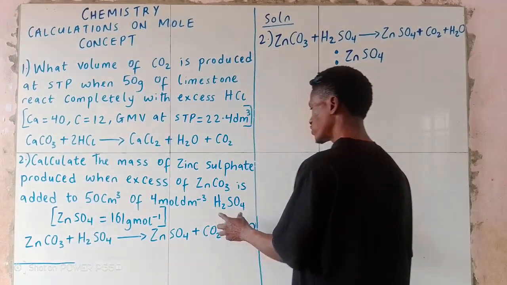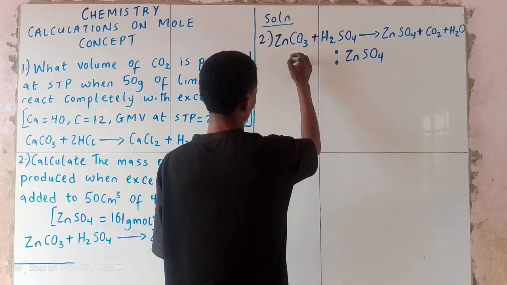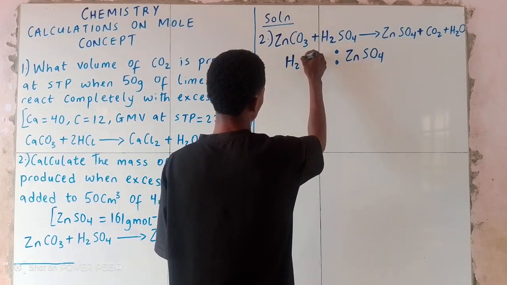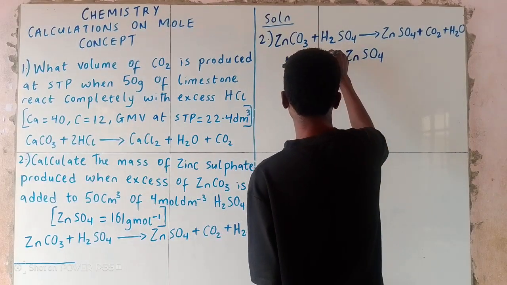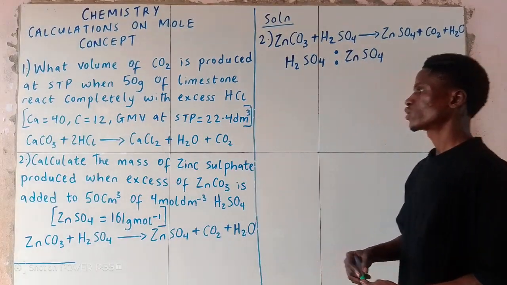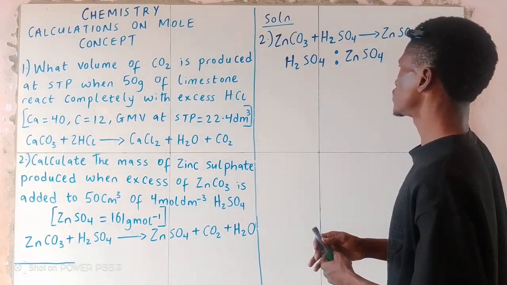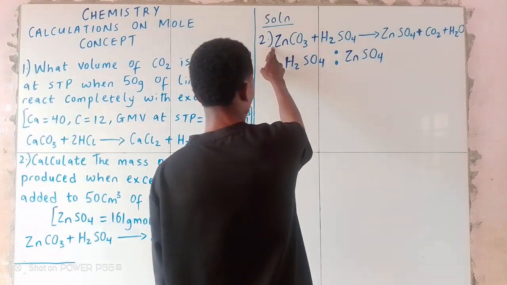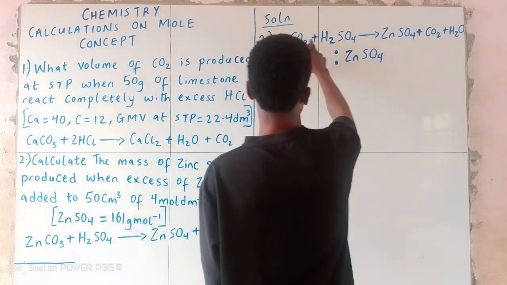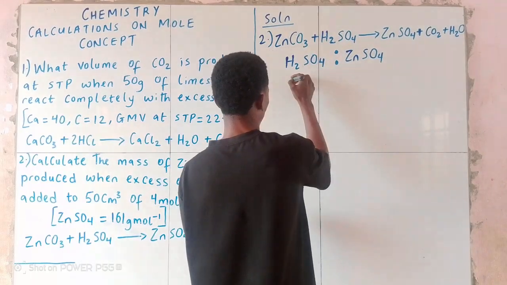So that is the second substance we are talking about that is related to zinc sulfate in the question. So next we are having H2SO4. And here is H2SO4. So we have this. As usual, let's check the mole ratio of this chemical equation here. 1 mole of zinc carbonate reacted with 1 mole of H2SO4. So I have 1 mole here.